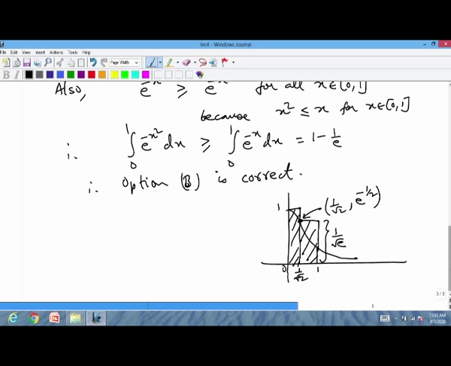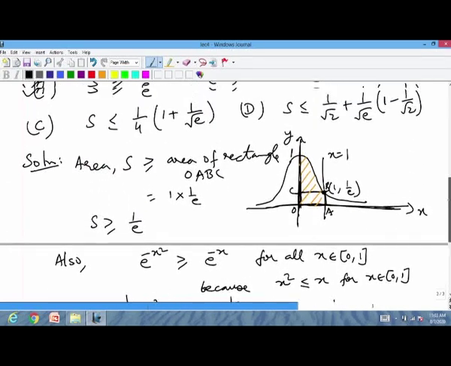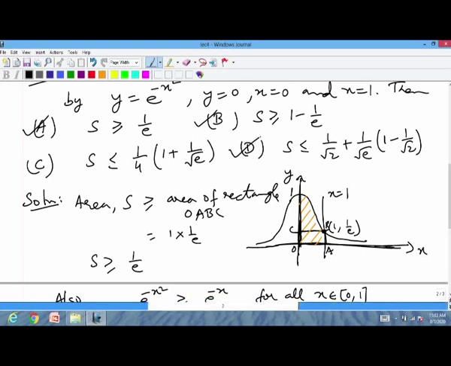So, by the figure, we see that S is less than equal to the sum of the areas of these two rectangles. So, the area of the first rectangle is 1 by root 2 plus the area of the second rectangle, whose height is 1 by square root of e, times 1 minus 1 by root 2. So, that is our option D. So, A, B and D are correct.